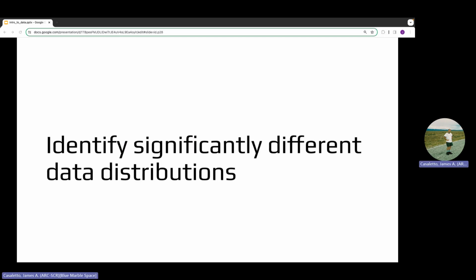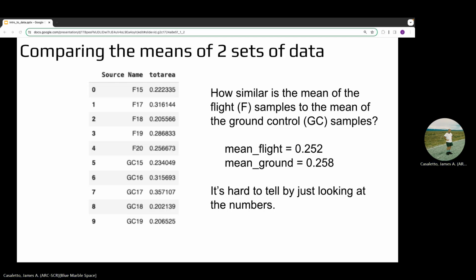In this last section, we identify significantly different data distributions. One way space biologists can determine if there's a difference in response to ground control and spaceflight is to examine the means of the observations. If those means are very far apart, then we can argue that there's a significant difference in response. But statistically speaking, we'll need to be more rigorous than just waving our hands.